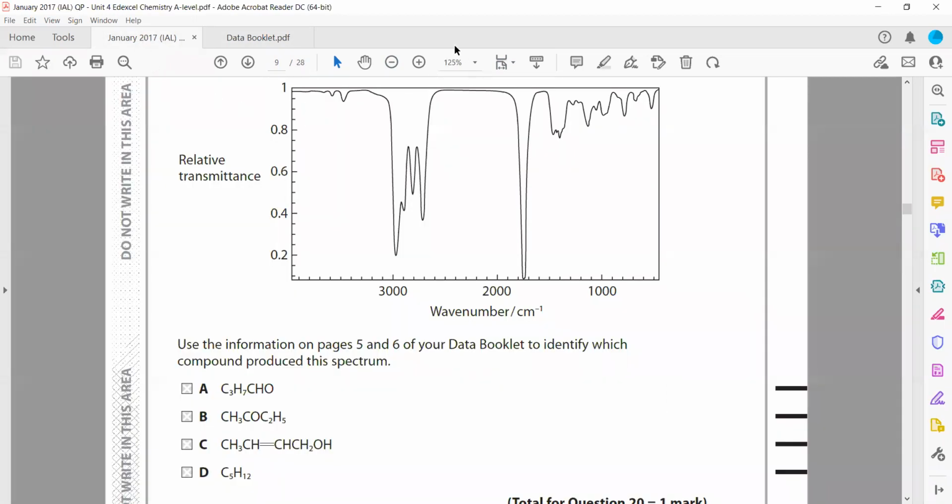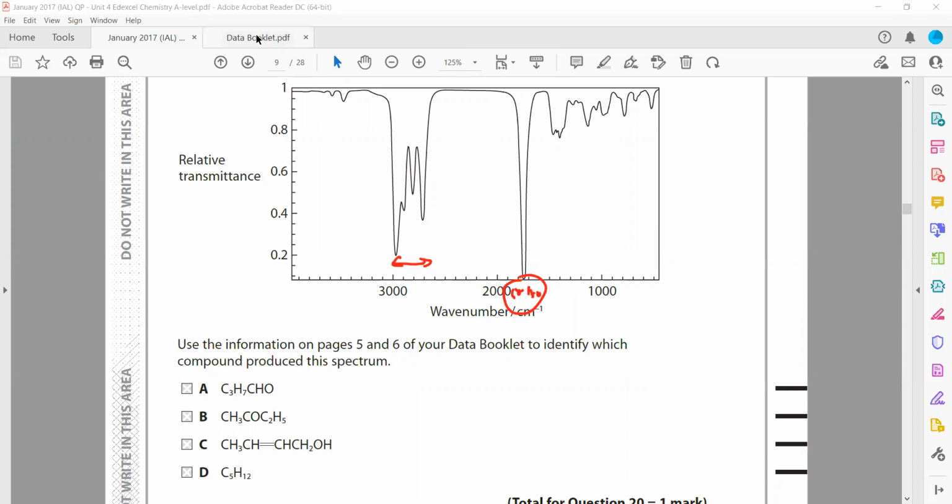Using page 5, there is a very sharp peak between 1700 and 1800. A sharp peak is there, and there's a broad peak from 2500 to 3000.